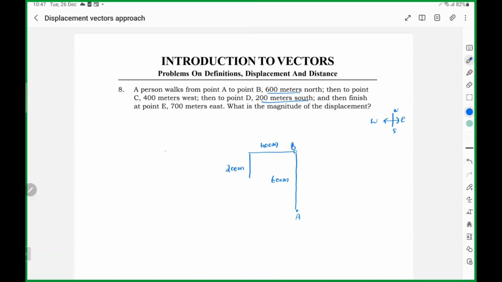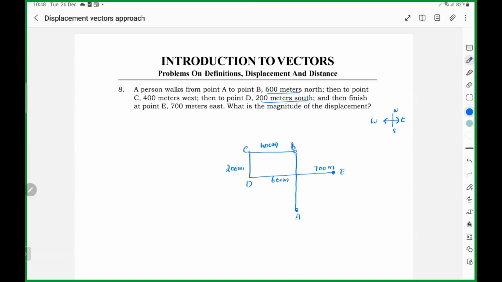And then finishes at a point E, 700 meters east. Then to the point C. Okay. So this is the initial point, it is the final point.